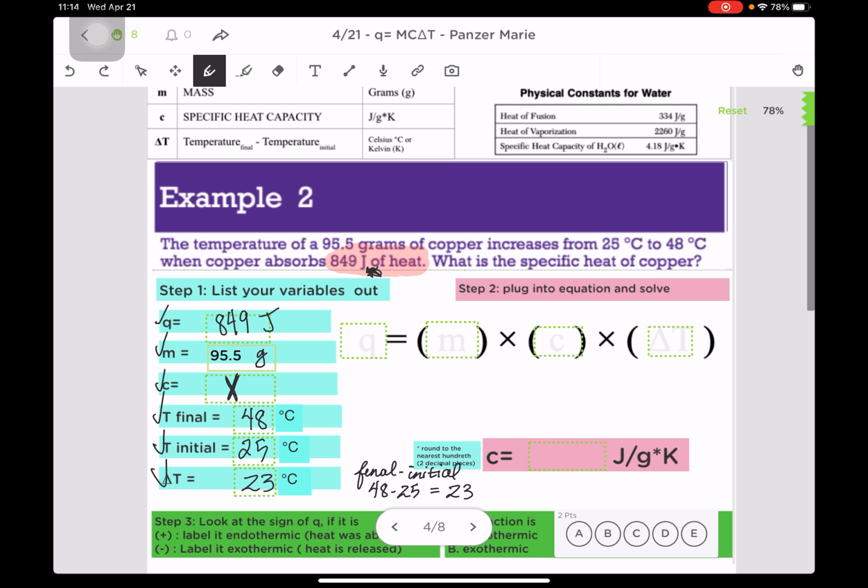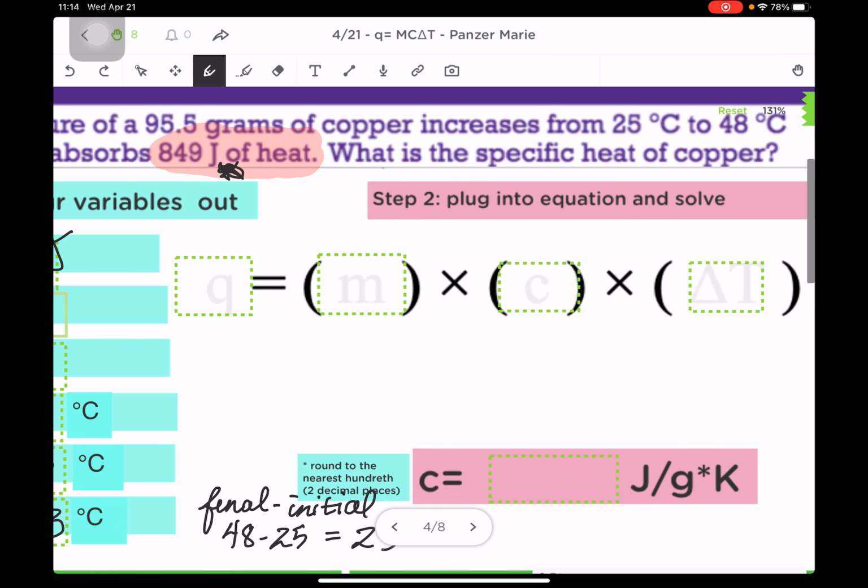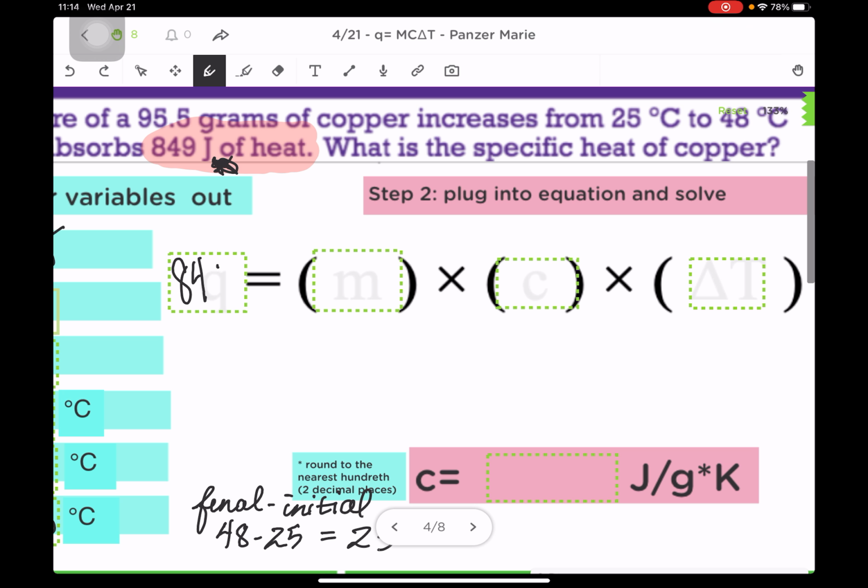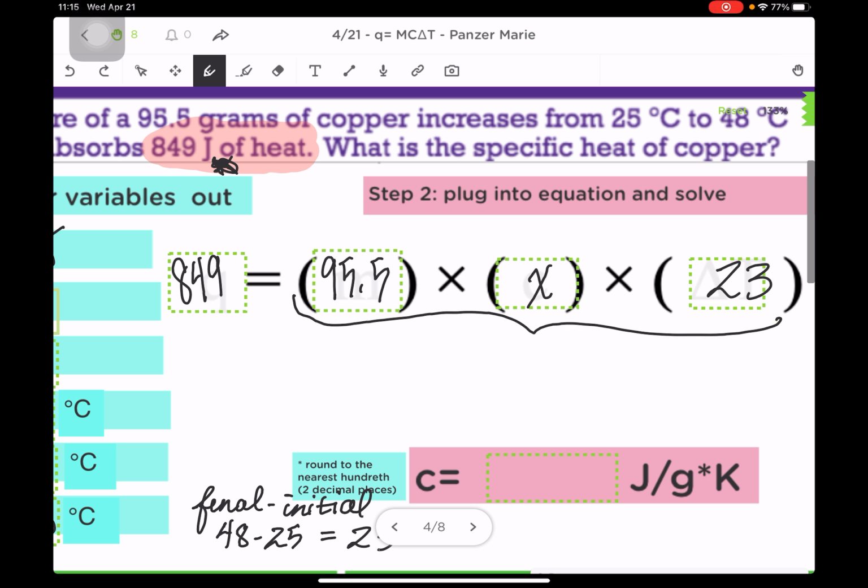All right, we're good to start plugging into the equation. So 849, 95.5, X, and 23. So now we just solve for X. We can multiply these first to make it a little bit easier. 95.5 times 23 is going to give us 2,196.5.